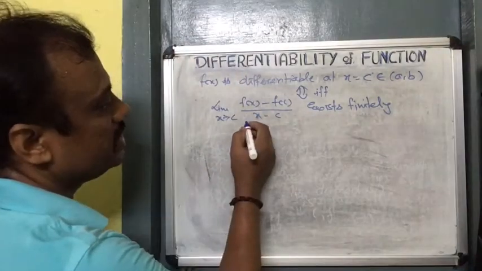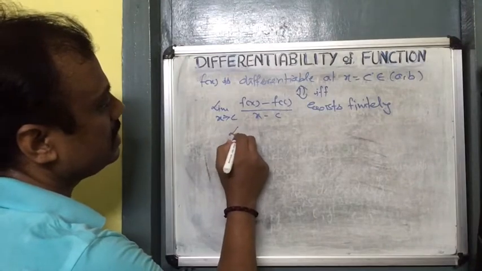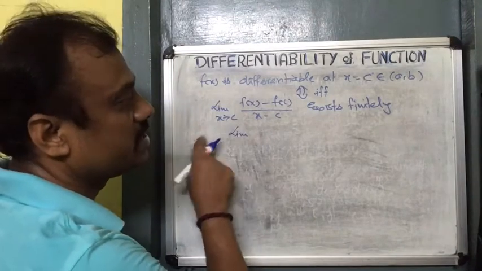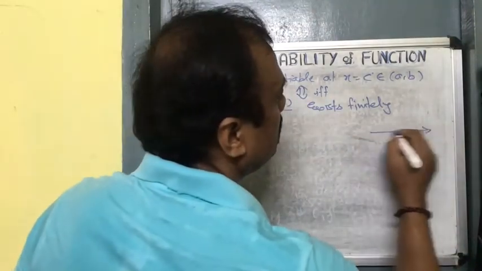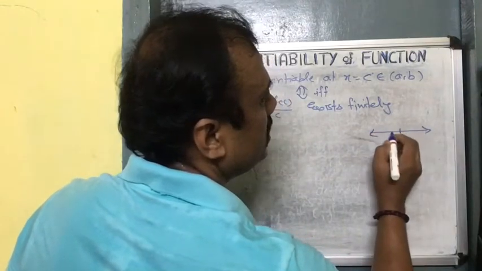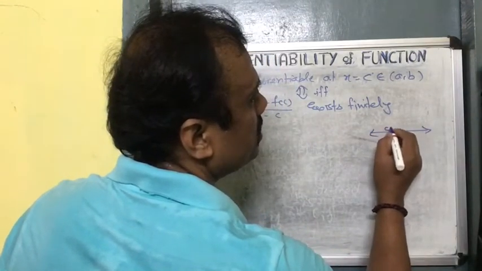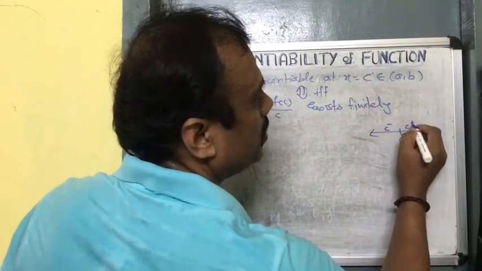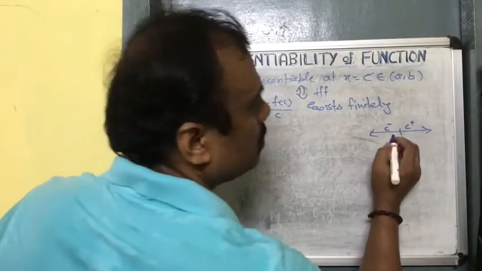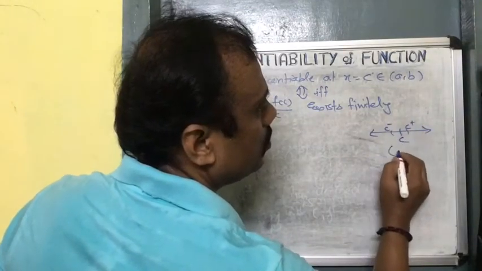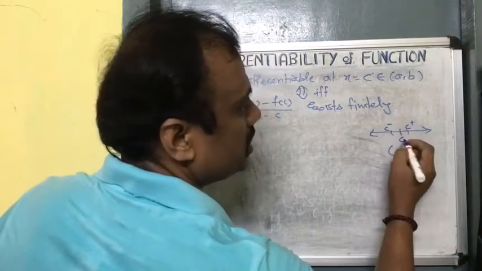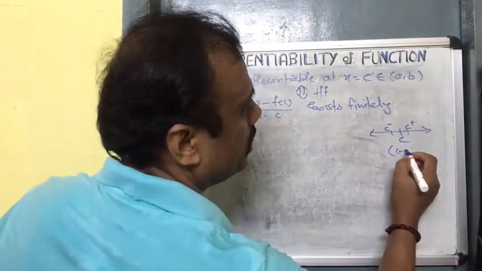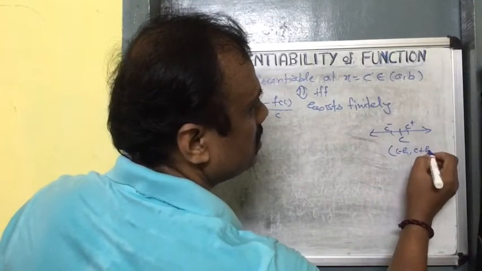So let us write its LHL. We are coming from the left hand side of the point c. This part is c negative and this part is c positive. So we will take a small neighborhood just adjacent to this point, c minus h and c plus h.